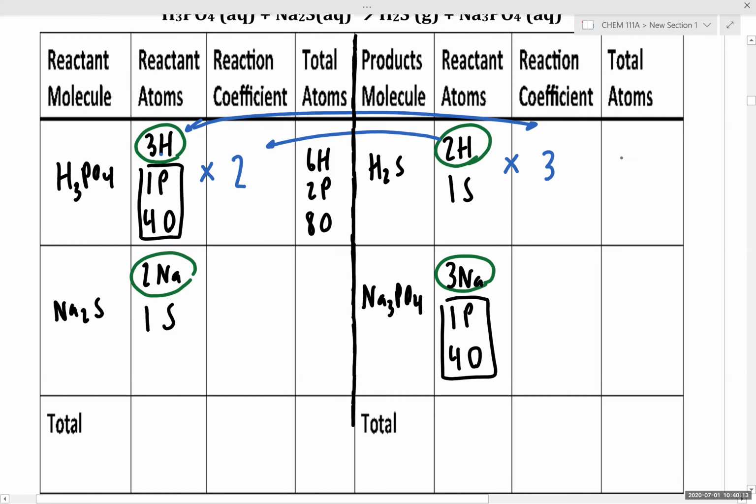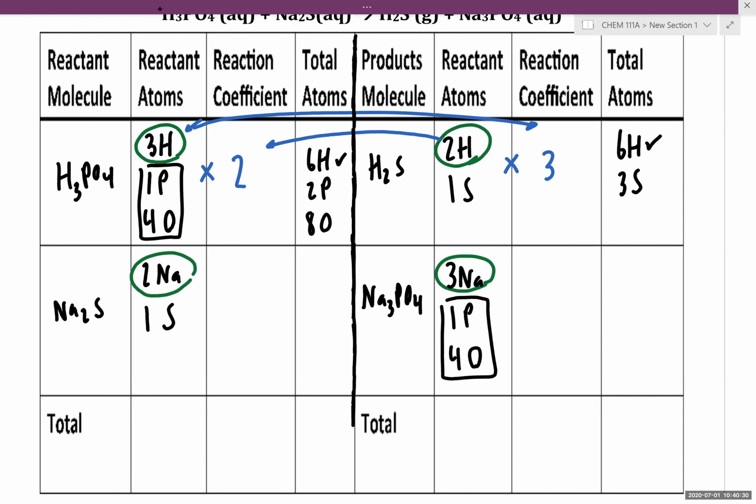On the right-hand side, we have 6 hydrogen atoms and 3 sulfur atoms. So hydrogen, we've done a wonderful job of balancing it at the cost of throwing a wrench into our other balanced elements.